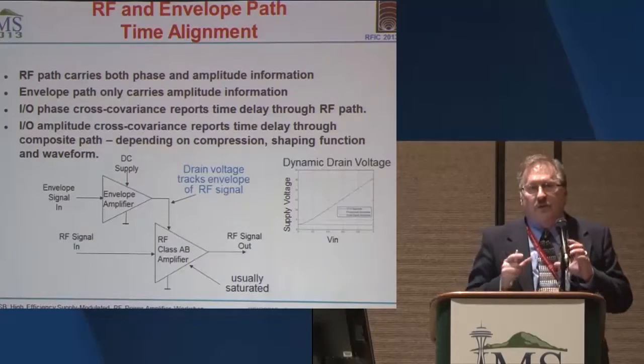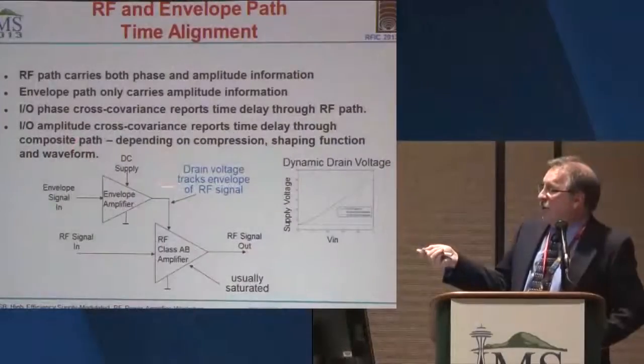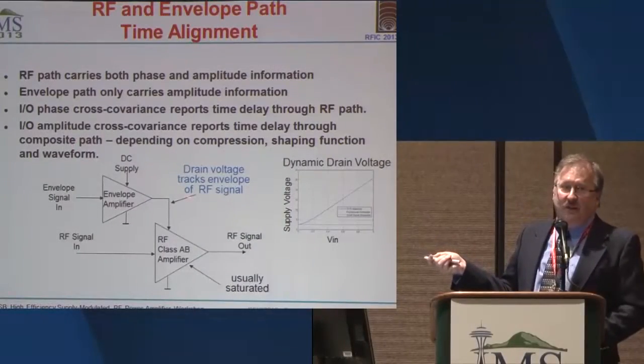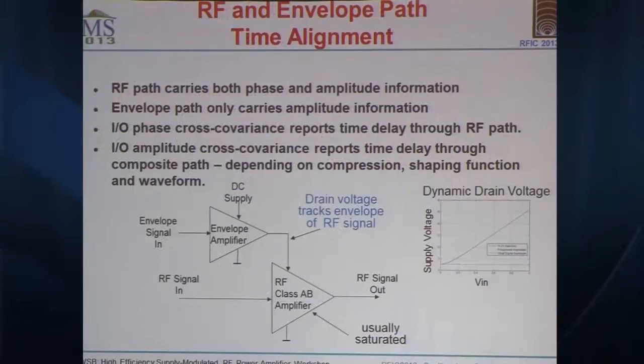One of the key issues with all of these supply modulated systems is to figure out how to get the power supply variations to hit the junction in the middle of the RF PA at the same time the RF signal is getting there for that same operating point.